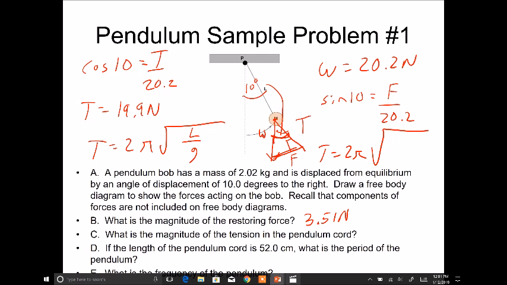Let's use that length in meters, 0.52 meters over g, which we'll just use 10 as g for right now. So 0.52 divided by 10. Take the square root and then multiply by 2 pi. And we end up with a period of 1.43 seconds.